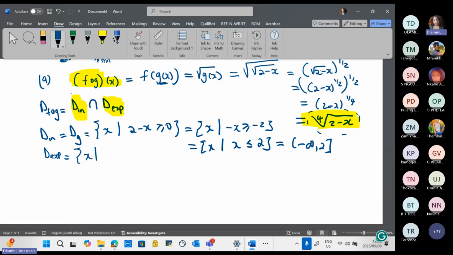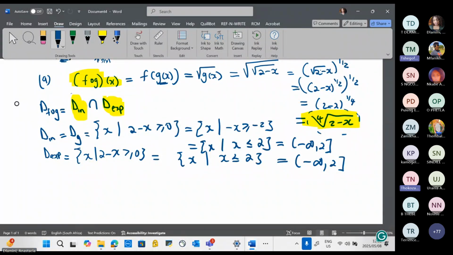Not x, but what is under the fourth root? It's 2 minus x. 2 minus x should be greater or equal to 0. Do you see that this is actually the same? If we simplify, this is just the same as the other one. So this is equal to from negative infinity to 2. Now, by looking at this, the intersection, is it obvious?